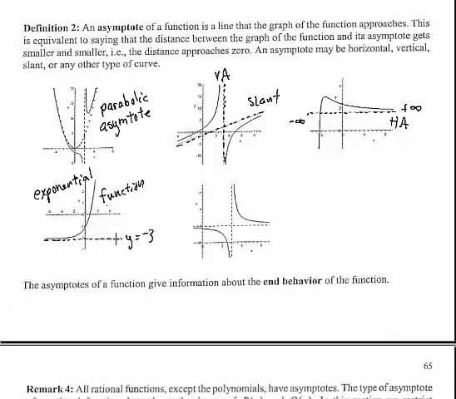It'll just simply get closer and closer. And the last one is one of the types that we will look at in this section. We just simply have a horizontal asymptote and a vertical one. Alright. Asymptotes of a function give information about the end behavior of the function.